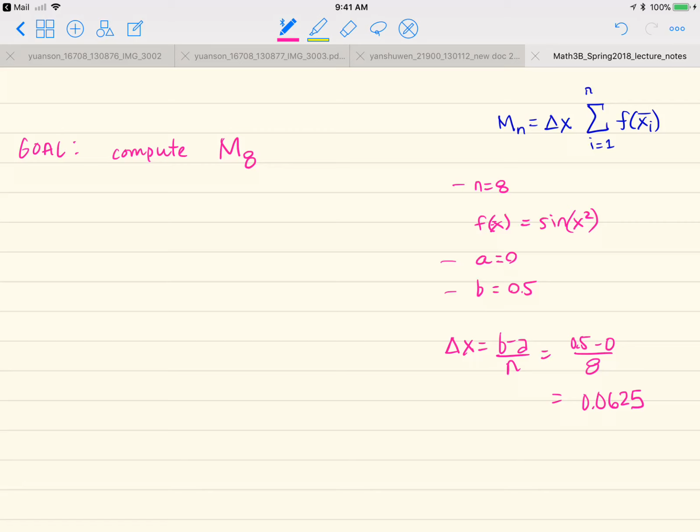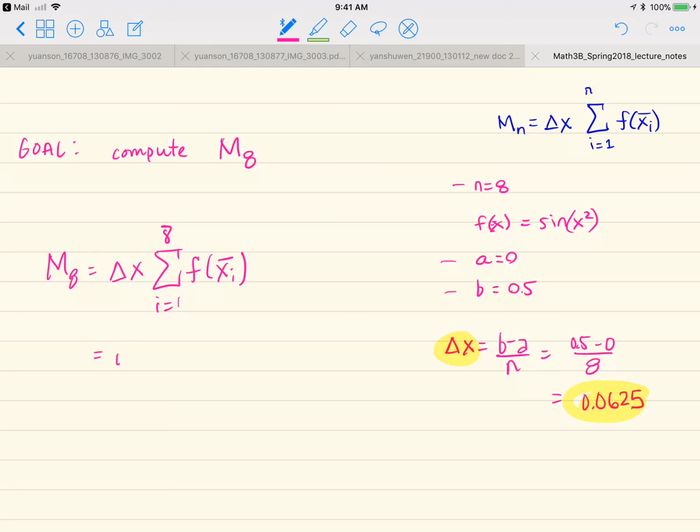0.0625. So for our formula, M8 equals delta x times the sum, i equals 1 to 8, f of xi bar. Notice that I replaced this n with 8. Everywhere I see an n, I replace it with 8. Now I'm going to be able to replace delta x with this 0.0625.